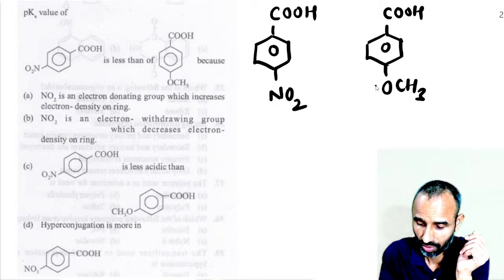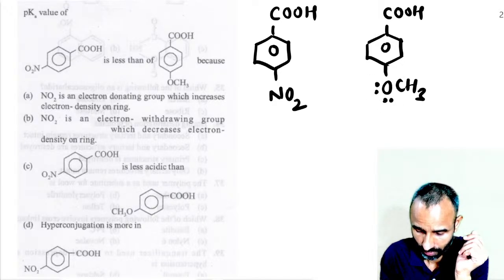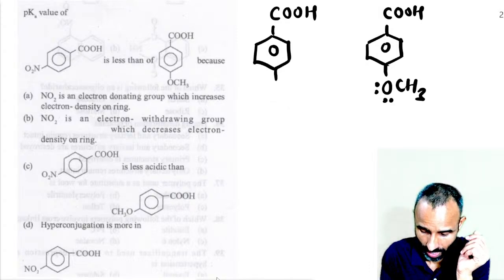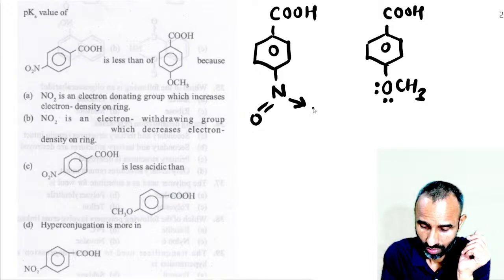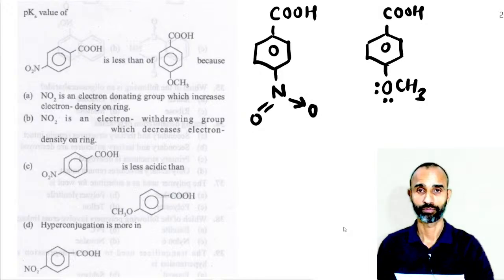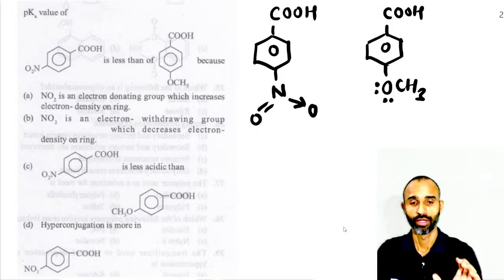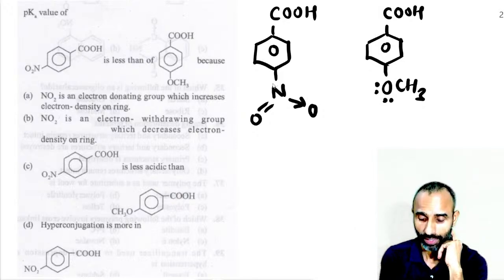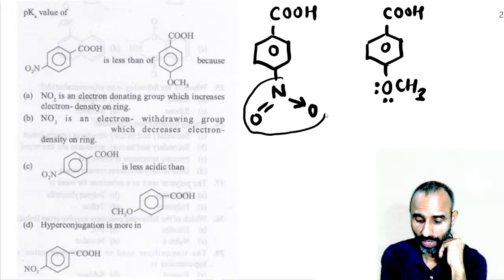In methoxy there are lone pairs, and in nitro there is an N=O pi bond. So this nitro group has minus R as well as minus I effect.